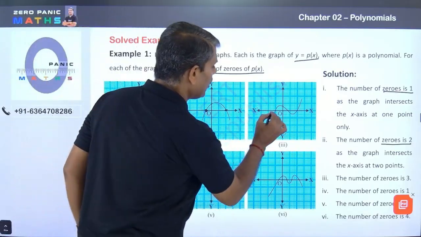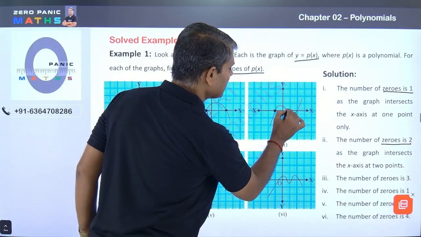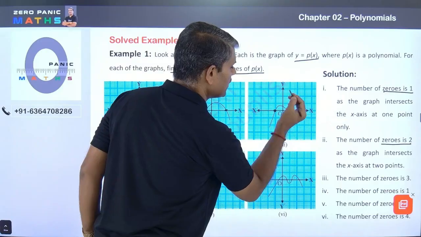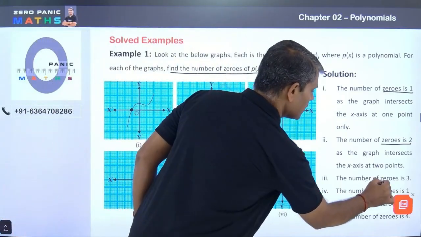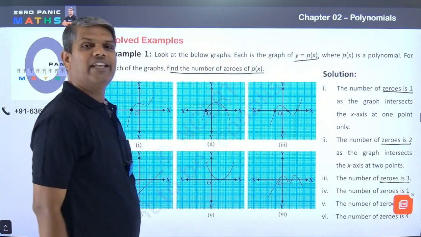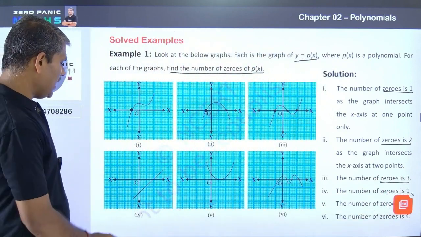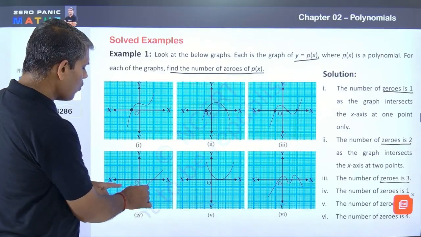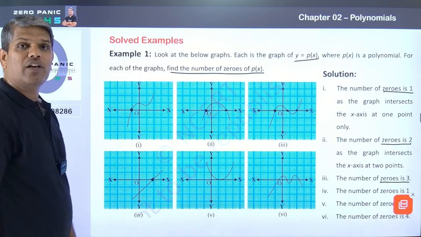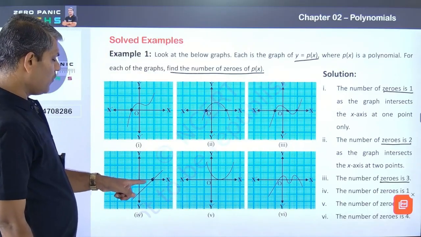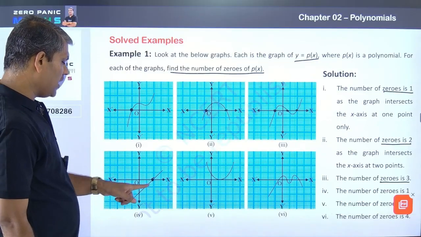The cubic polynomial is cutting the x-axis at three different points, and the number of zeros of that polynomial is 3. Here, there is one graph cutting the x-axis at 1 point, so the zero of this polynomial is only 1.